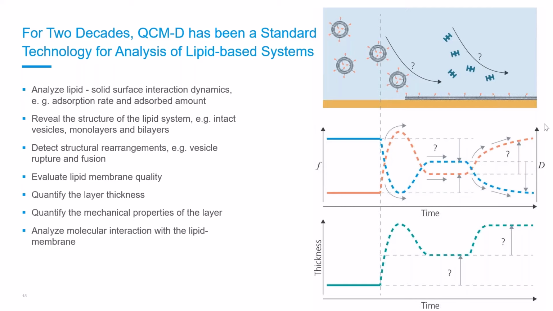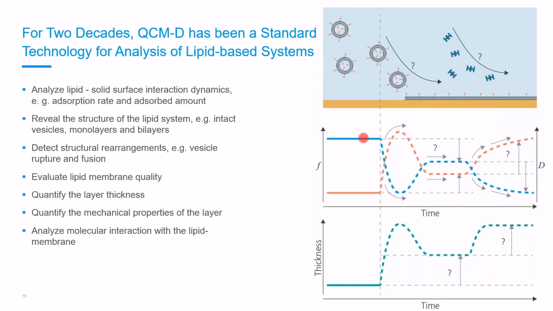Here we can see in the example, we have lipid vesicles adsorbing to a surface. They rupture and form a bilayer, which is basically the cell membrane or a model cell membrane. And then we have attachment of some molecules to the receptor proteins that are integrated into this bilayer.